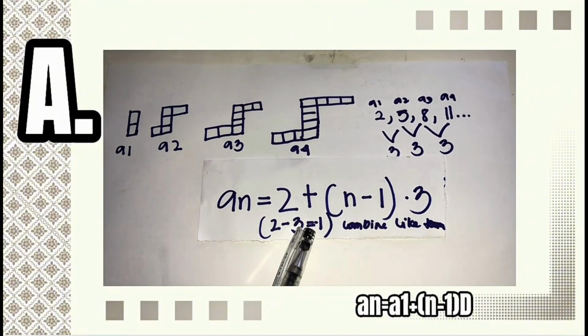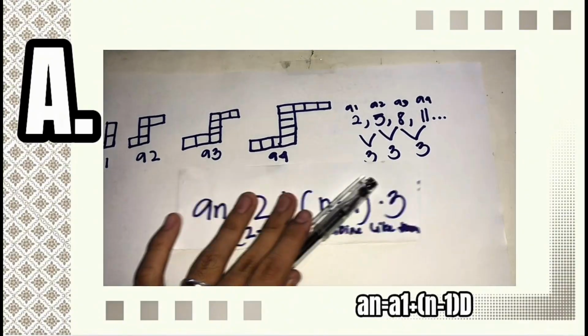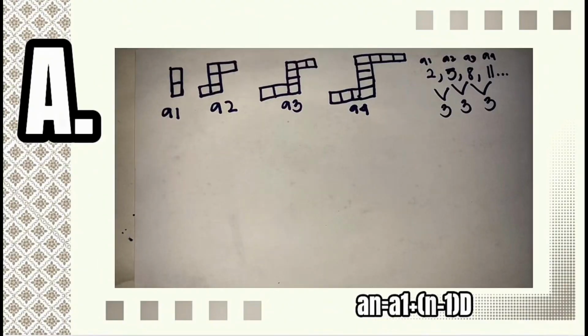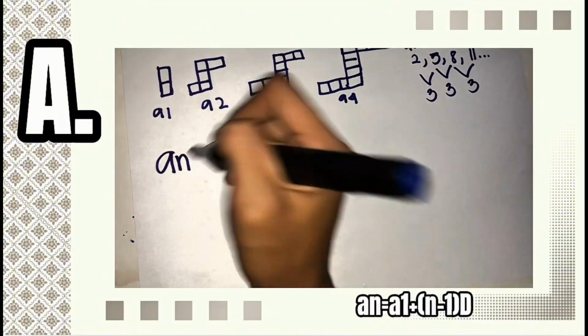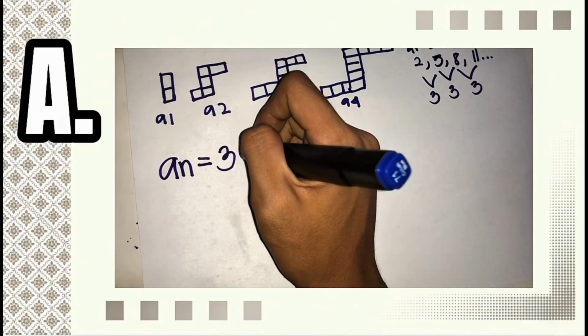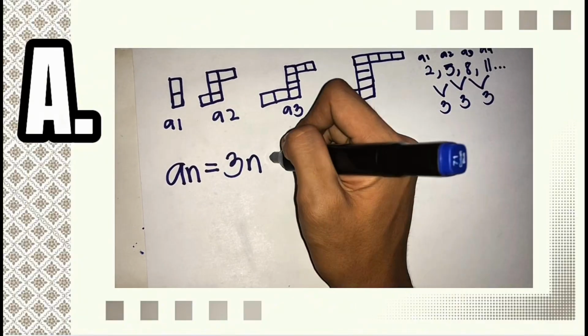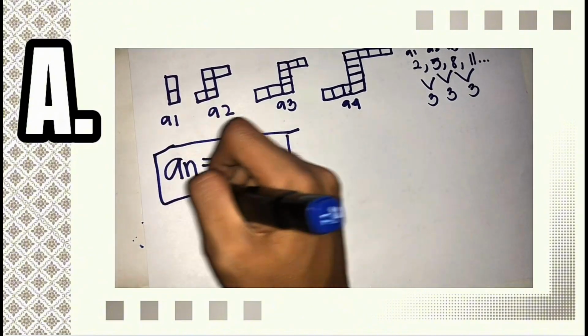Then combine like terms, which is 2 minus 3 equals negative 1, then times 3. And the answer for the first question is a sub n equals 3n minus 1. So this is the final answer.